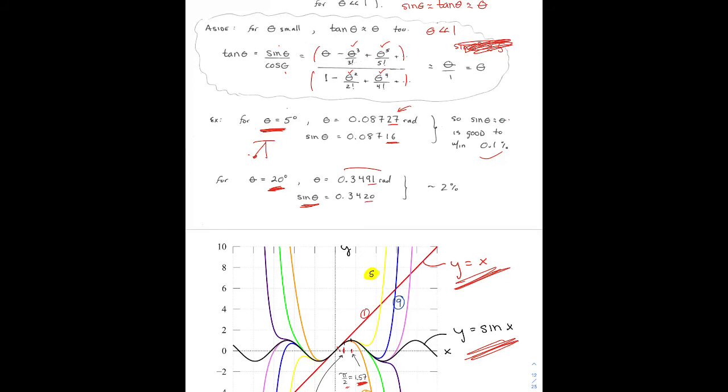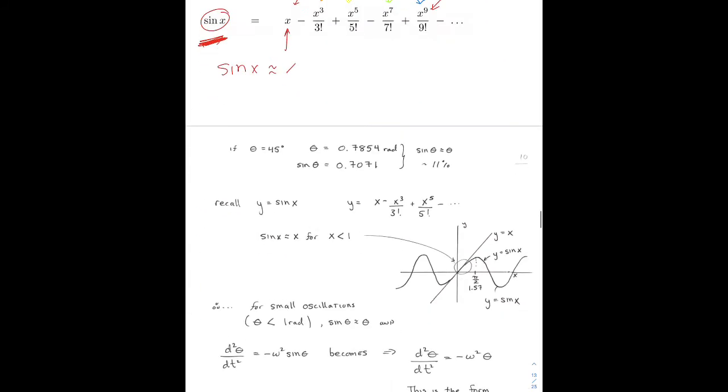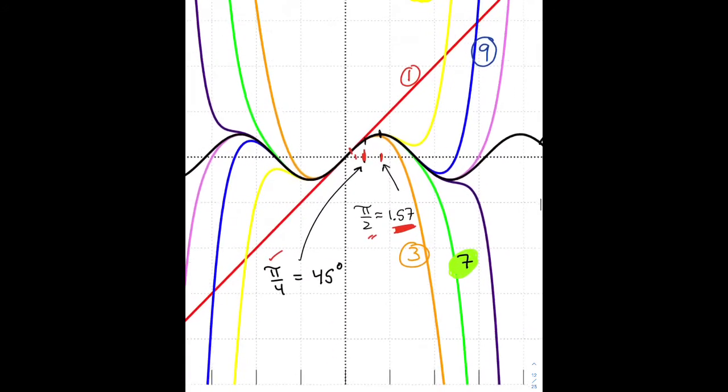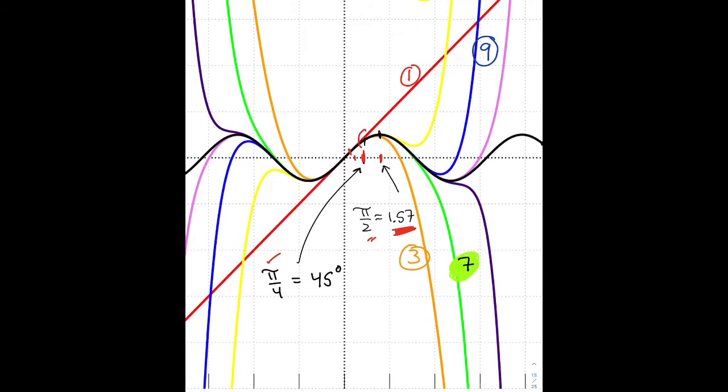So it's different by about 70 out of 3400. So to say sine theta is approximately equal to theta for theta equals 20 degrees, that's good within about 2%.